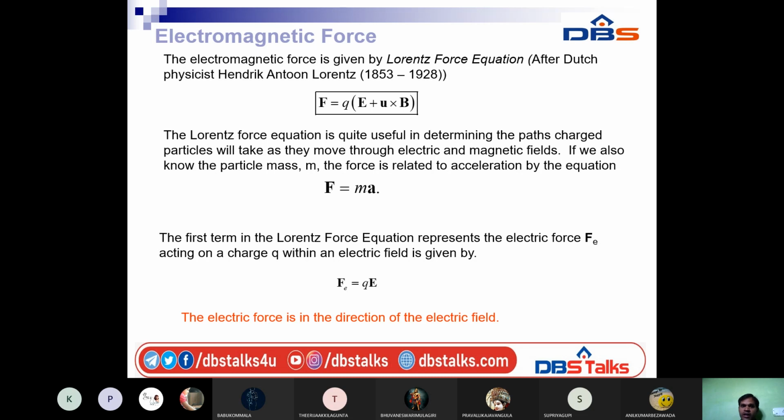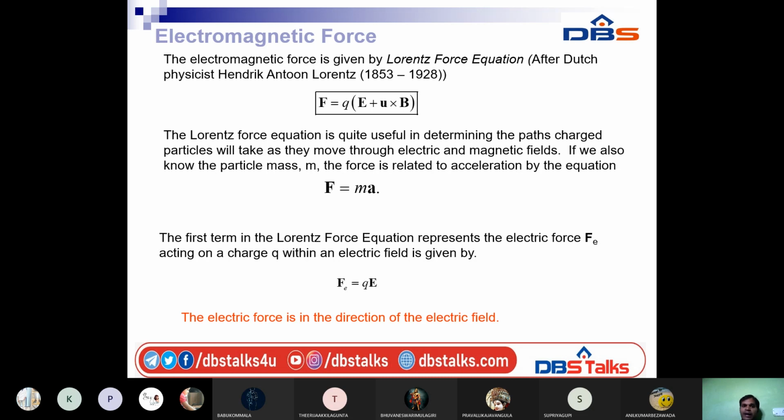When you split this equation, force F is equal to charge into electric field intensity plus charge into magnetic flux density term.